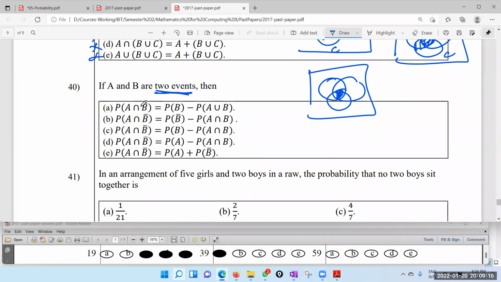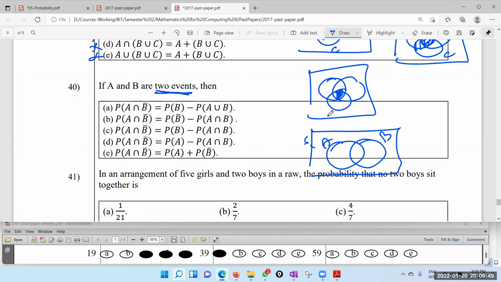PA intersection B bar. Two events, we generally take as not mutually exclusive, because they are any events. Mutually exclusive events are the special cases. So let's not take the special case. Any events. For mutually exclusive events, we know that probability of A union B is PA plus PB.